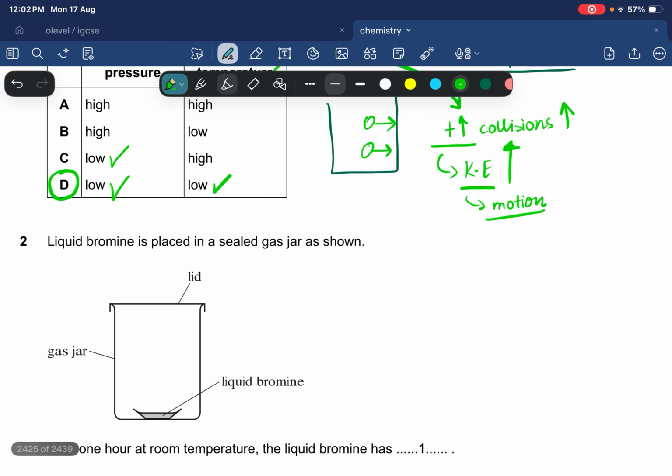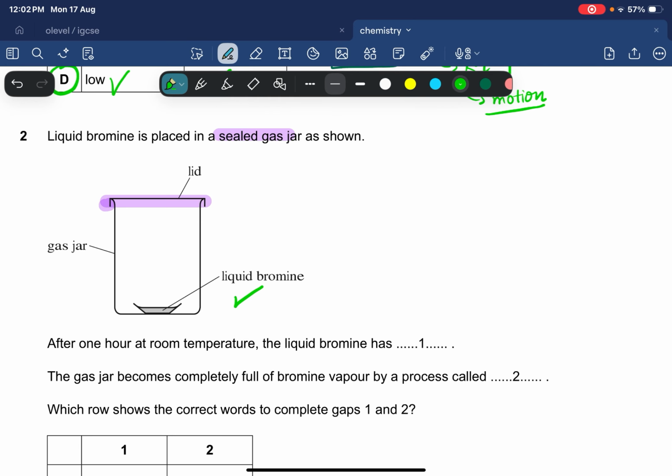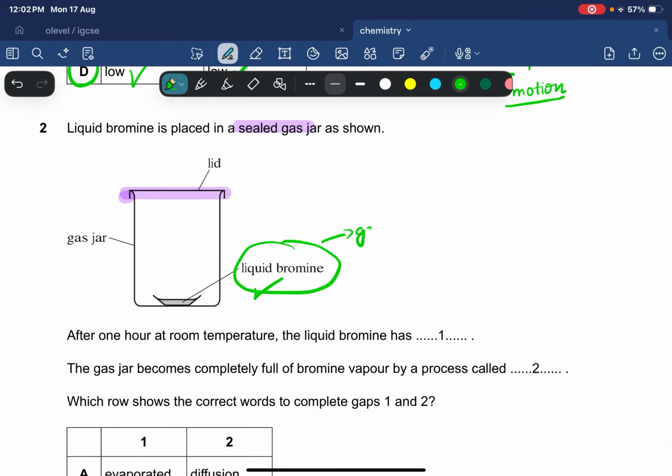Liquid bromine is placed in a sealed container. Sealed means it is not going to open, and you have some liquid. You know what happens when we place liquids anywhere: even if the temperature is not their boiling temperature, the liquid is still going to convert into gas. That's what liquids do all the time.